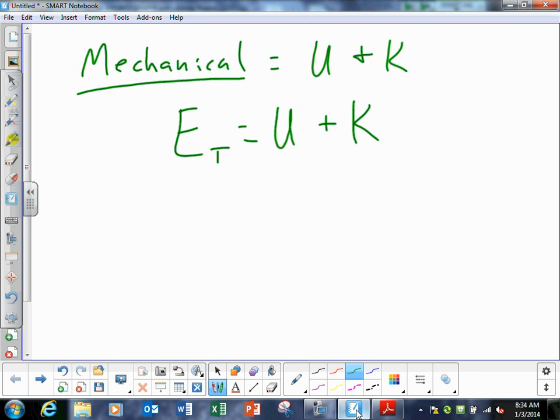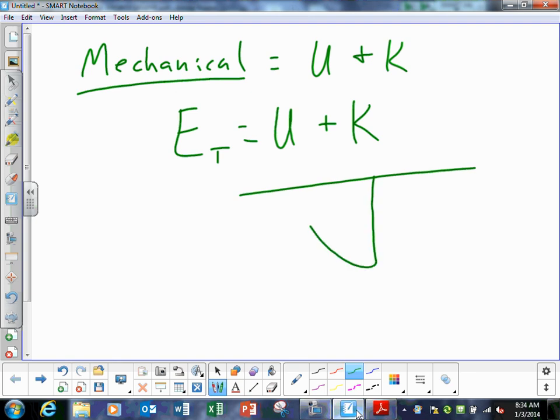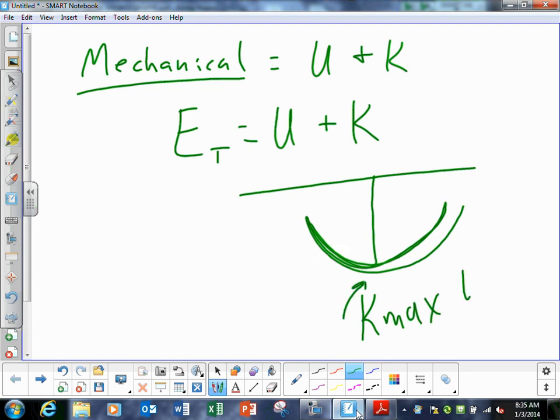Or if you have a swing on the playground: potential, kinetic, potential, kinetic, potential. Kinetic max is always at the bottom, where potential is 0. And potential max is at the top, where kinetic is 0.